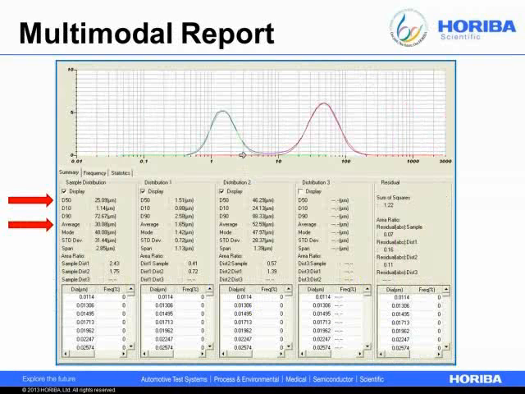So inside the LA950 and the LA300, we have what we call a multimodal report. And what that function does is it essentially splits the distribution up as if it were being created by two separate size distributions. And what we're seeing here in the far left box is the D10, D50, D90, and mean values for the entire distribution, so not split. It was as if the entire bimodal distribution was being calculated.